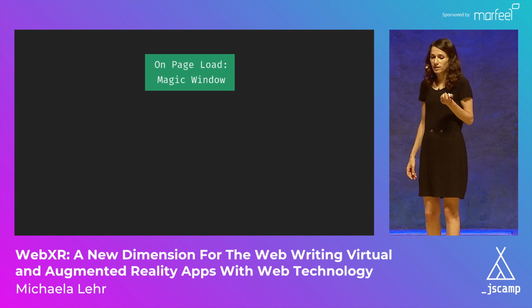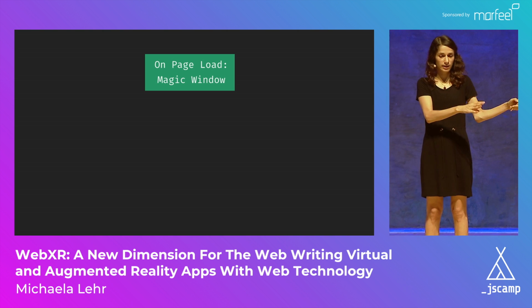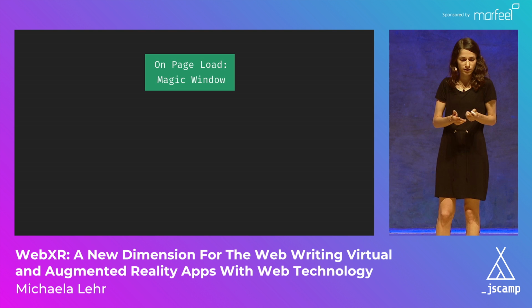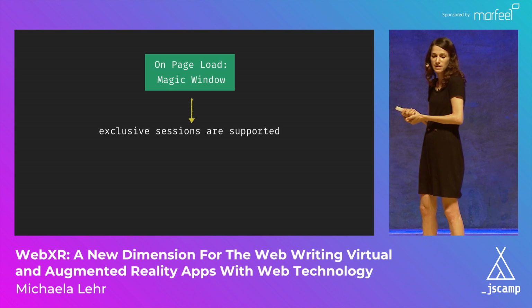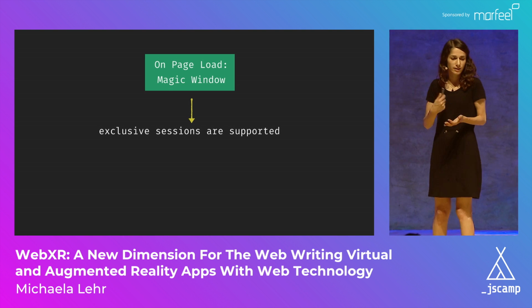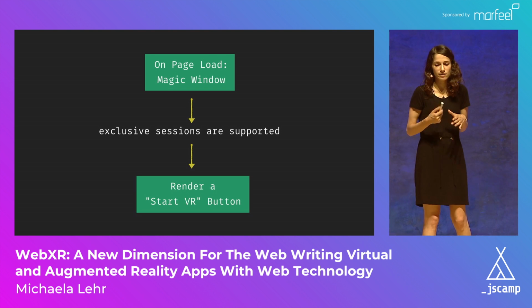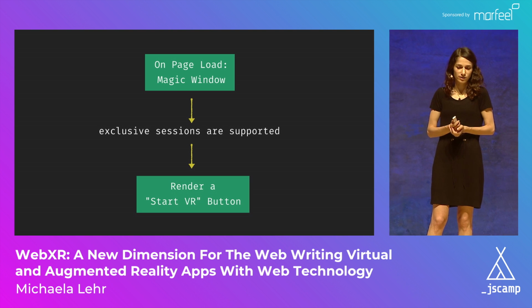So with this in mind, you could provide a WebXR app that initially renders the magic window, maybe using the smartphone's gyroscope if available, and then check if there are any VR devices that support exclusive WebXR sessions, which means checking if the user has any VR headset attached. And if so, you could render a button requesting an exclusive session to start the stereoscopic rendering.